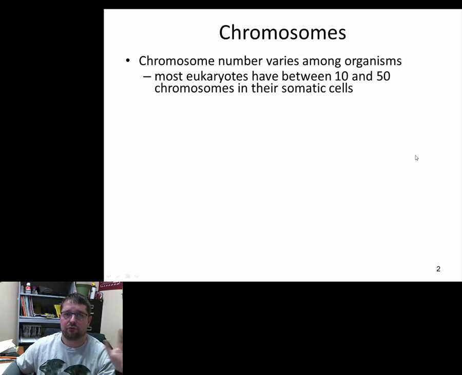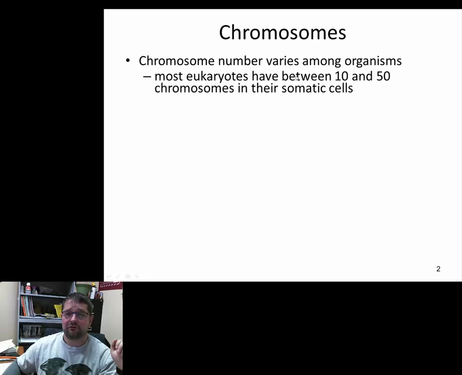Remember, prokaryotes typically have just one chromosome. But most eukaryotes are between 10 and 50. That doesn't mean you can't find exceptions. You can find crabs that are at 200. You can find bulldog ants that are down at 1. There's lots of variation among organisms.